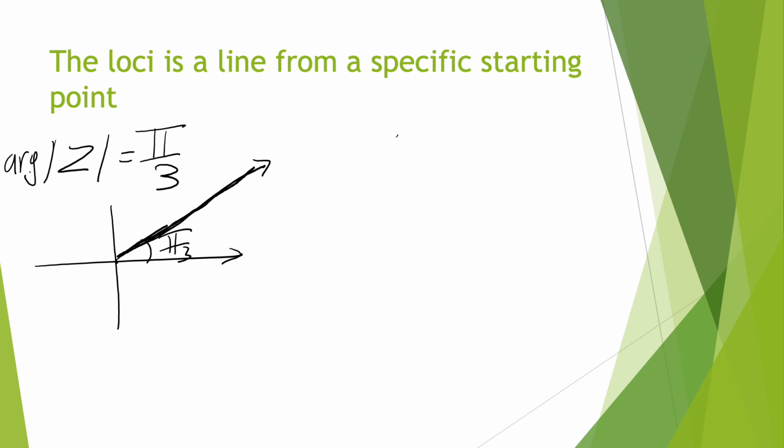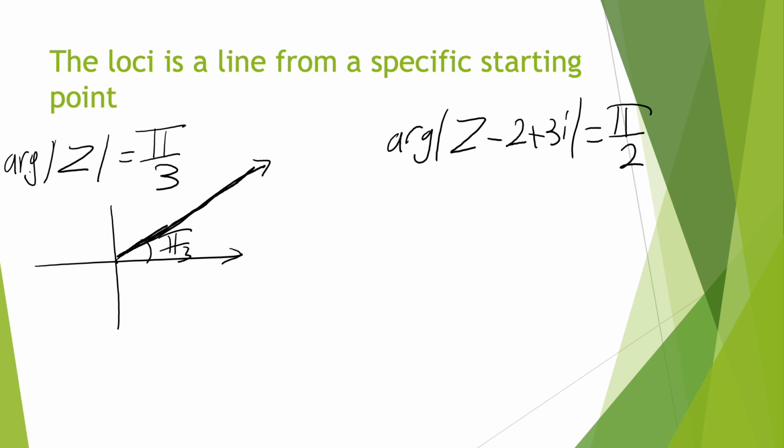But if you have something like this, for example, something like that, it means first you will have to identify your starting point, and you're going to use this complex number for your starting point. So we need to prepare it first by taking the negative as our common factor.